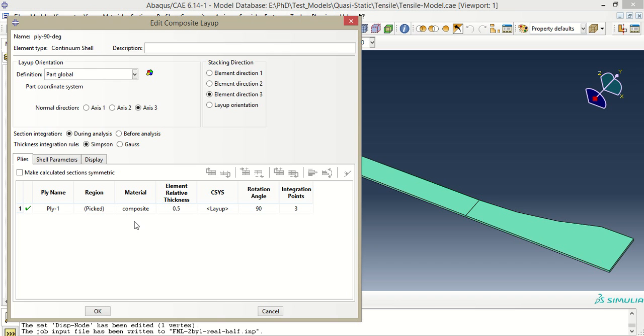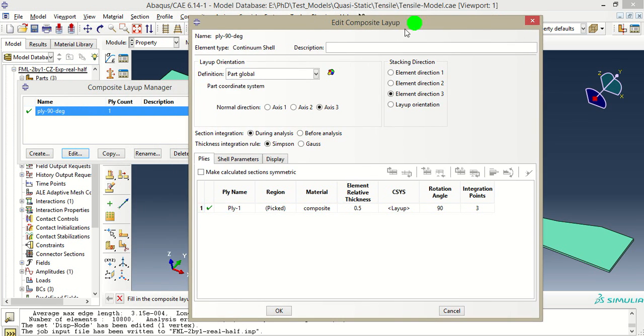So a tensor transformation law is applicable, and that is why it is very useful to use composite layups. Otherwise, you would have to manually transform the properties from the 0 degree to the 90-degree rotation.